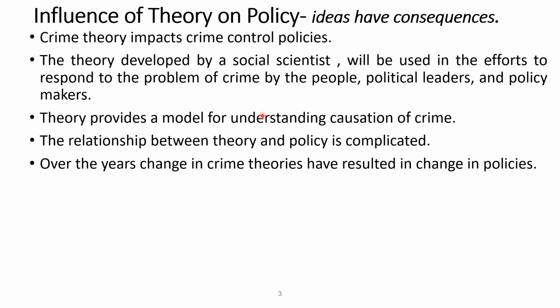Theories provide a model. It transforms raw data into understanding, causal relations, explanations, and methods to control causal factors. Causal factors could be genetic factors, social, economic, or psychological factors.